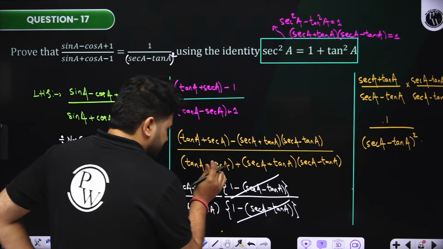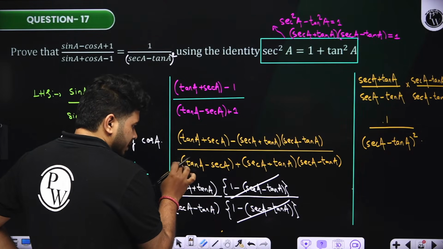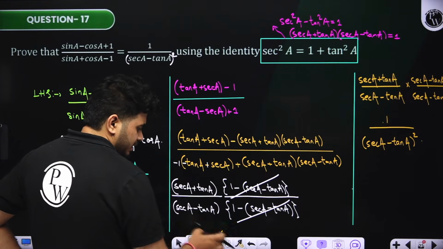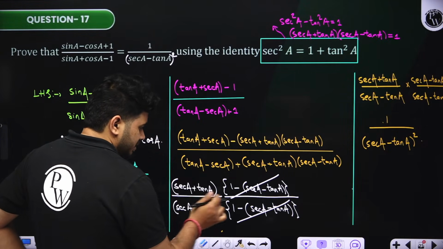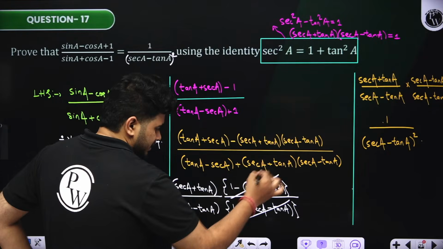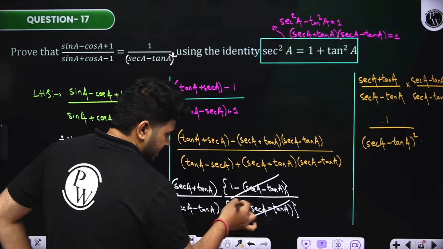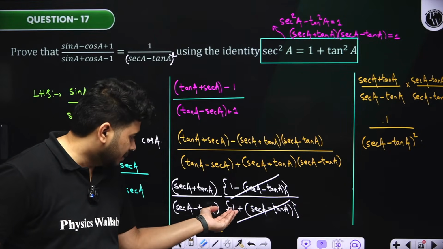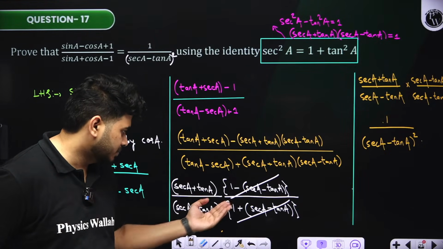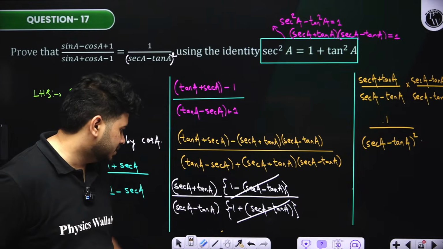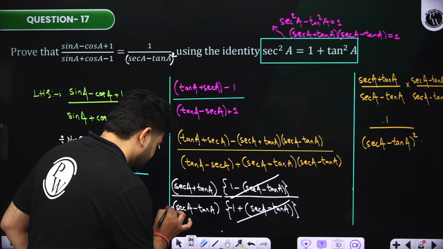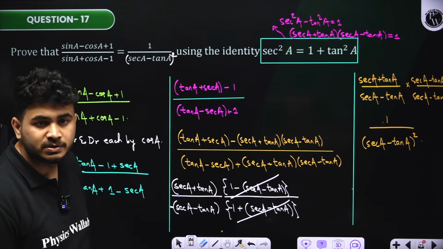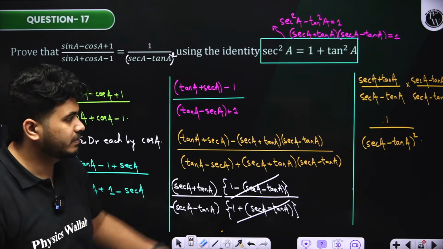Over here, if I take secant a minus tan a, the minus sign will come outside, leaving minus 1 plus secant a minus tan a. But I don't want this, because I need the minus sign again outside so that it is in this form. So if I take minus common, it will be 1 minus this, so the minus sign remains over here as it is, clear? Okay, understood this? Fine. And if we simplify, we will get that term.